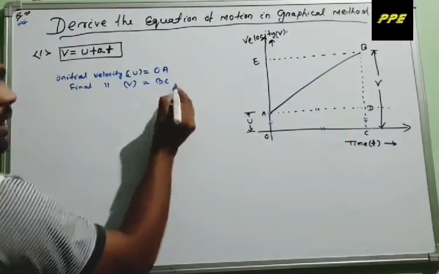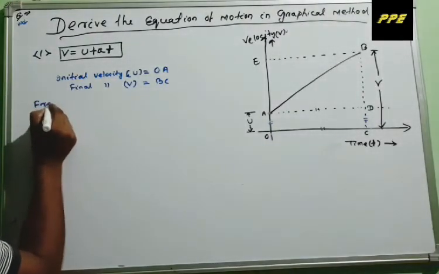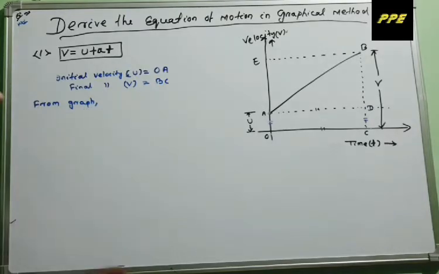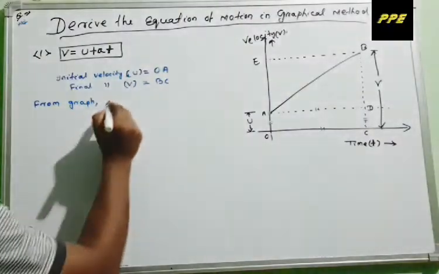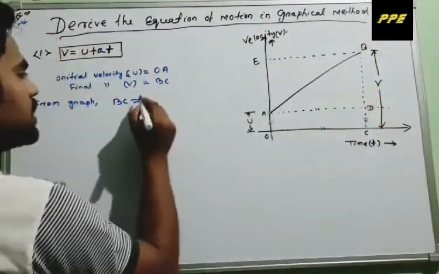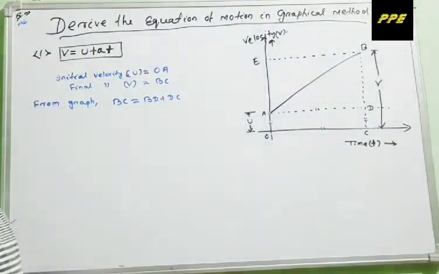Clear or not? That is the final velocity. From the graph, write down, just see BC is equal to BD plus CD. I can write BC is equal to BD plus DC. Clear or not? Tell me.